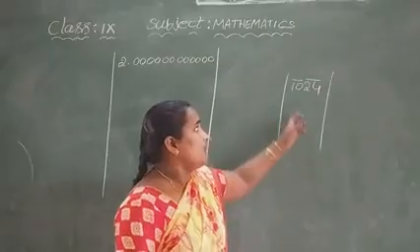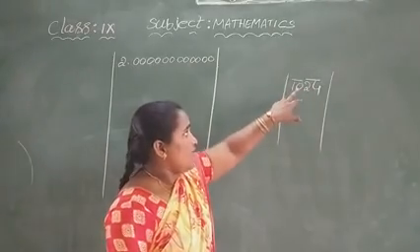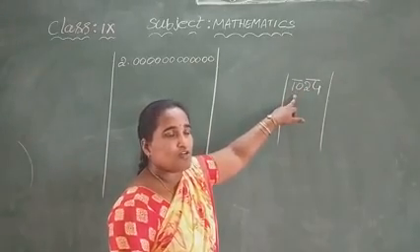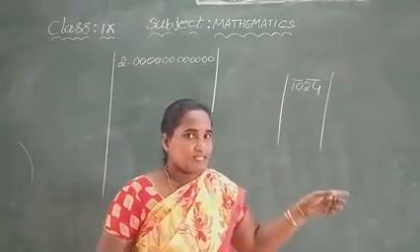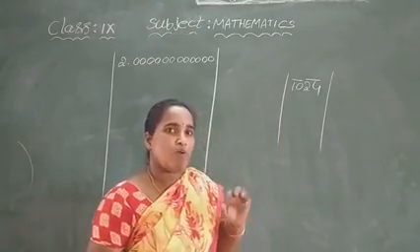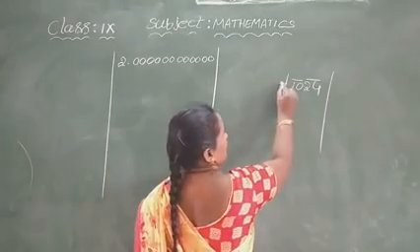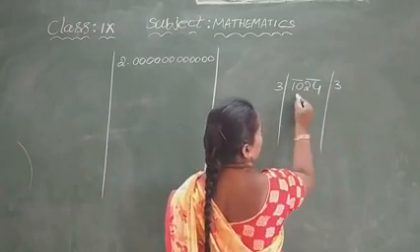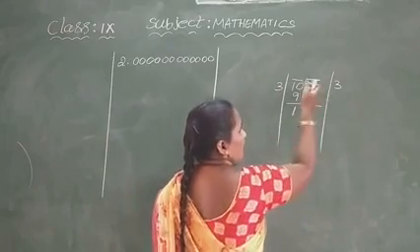Okay? Here first 10 is there. So which is the nearest number that is also smaller than 10? That means 2 2s are 4, 3 3s are 9, 4 4s are 16. So 9 is the nearest smaller than 10. So that's why here we take 3 3s are 9. Then 10 minus 9 is 1.